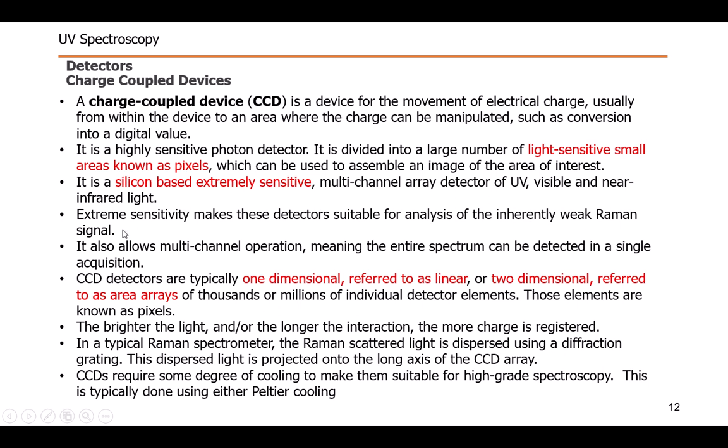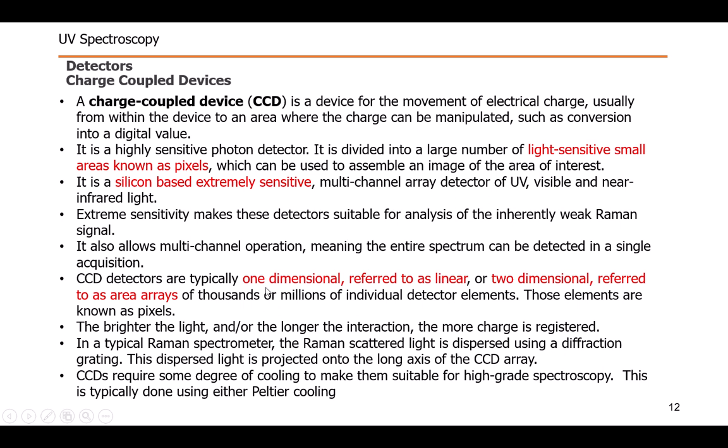Raman signals are very weak. Raman spectroscopy is a branch of IR spectroscopy where the signals are very weak, so in order to detect these signals, a CCD is used. It also allows multi-channel operation, meaning the entire spectrum can be detected in a single acquisition.